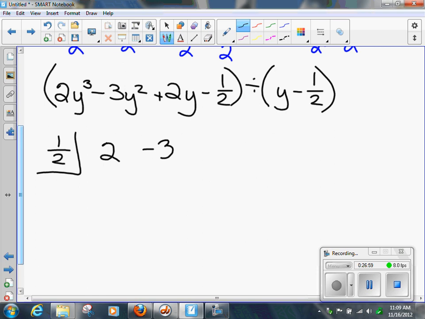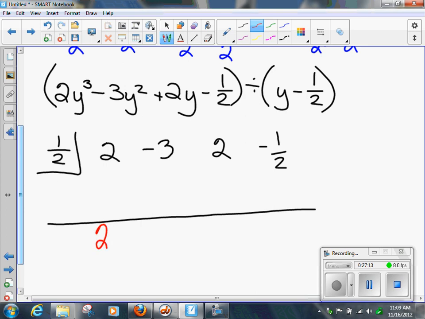So I've got 2, negative 3, 2, negative 1/2. Here's where you may want to get your calculators. Bring down your 2. What's 1/2 times 2? 1. Negative 3 plus 1 is negative 2. What's 1/2 times negative 2? Negative 1. 2 minus 1 is 1. What's 1/2 times 1?